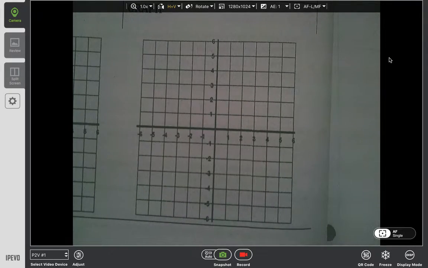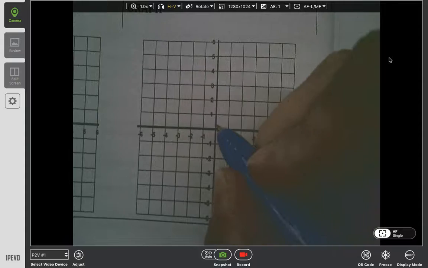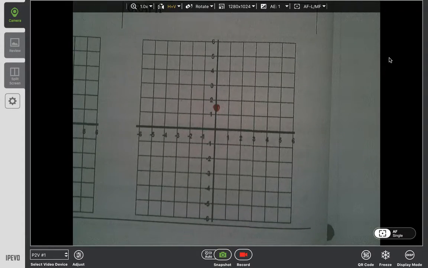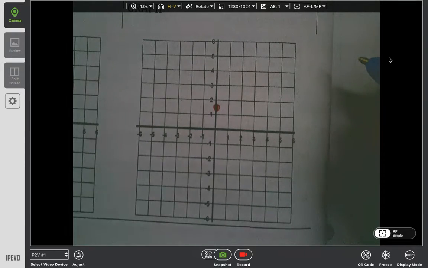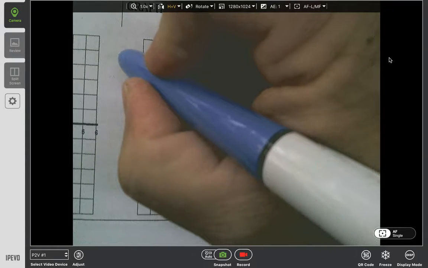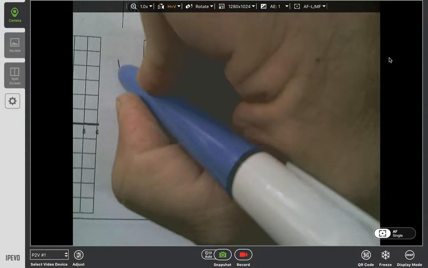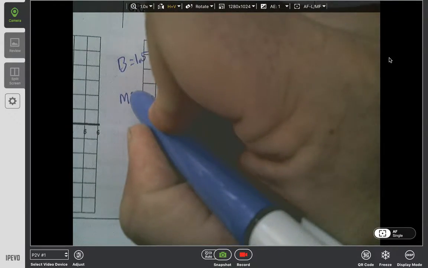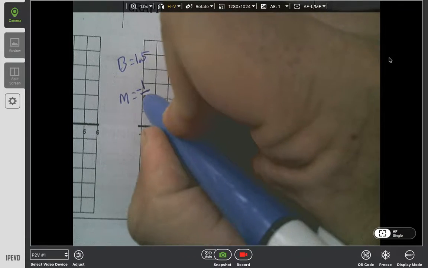We're going to put a dot at the y-intercept. I'll take the laser and put a dot at the y-intercept. It's going to be right here, 1.5. Now we're going to use the slope. I'll write it over here to the side, it's always good to put it here: b equals 1.5, then m equals negative 1/4.